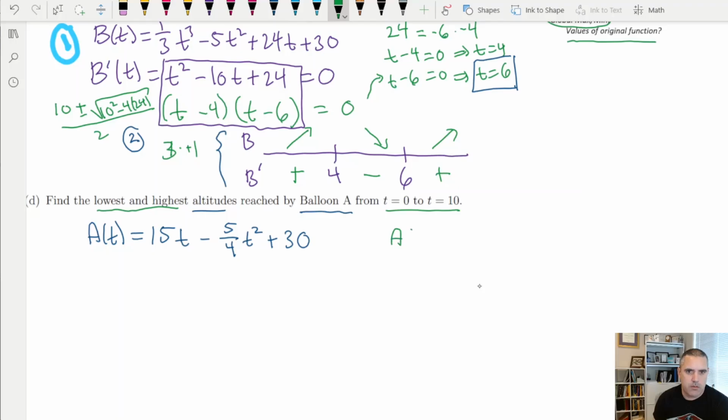So let's plug in 0 and see what the height is. It's 30 feet. We already knew that one. Let's plug in 10 and see what the height is. It's going to be 15 times 10. So a little bit of calculation, but we're trying to see who wins. So I did this.